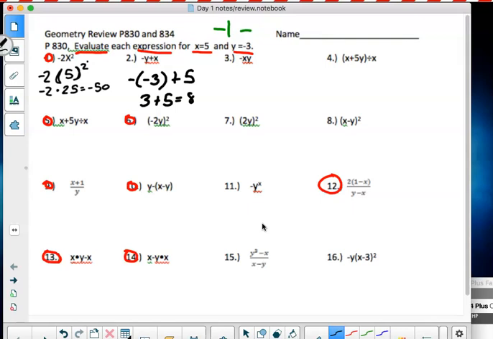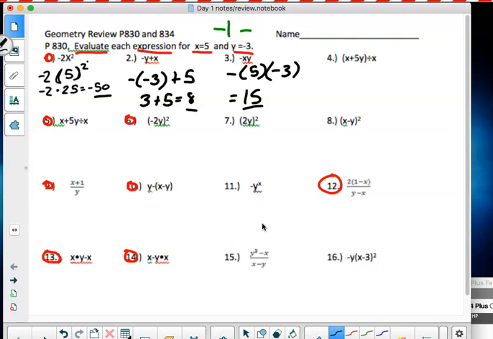And number 3, I'm going to take the opposite of the product of 5 and -3. Now I'm putting in parentheses to show that I'm plugging that value in for my variable. So I've got -5 times -3, which is +15. So this is +15 is my answer. That's +8, and this is -50.